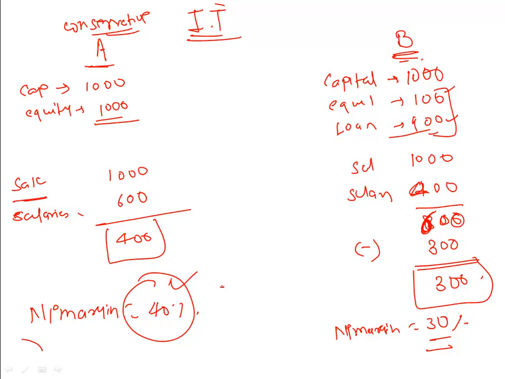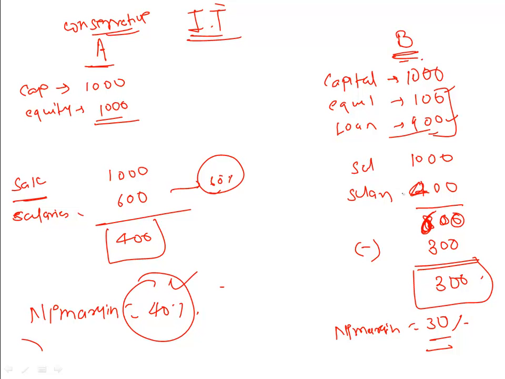But then apparently it seems that company A is really smart and efficient because it's got more profit margin. But if you go slightly in detail, let me do a slightly in-depth exercise. The core expenditure of this company is salary, which is what percent of sales? 60%.